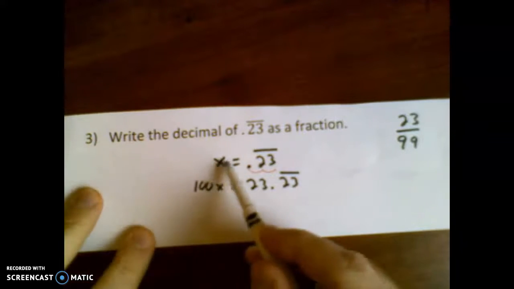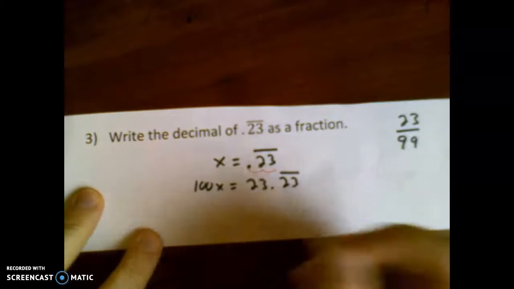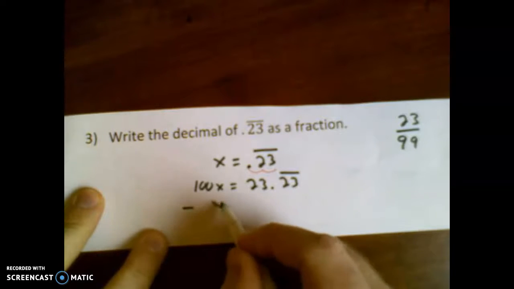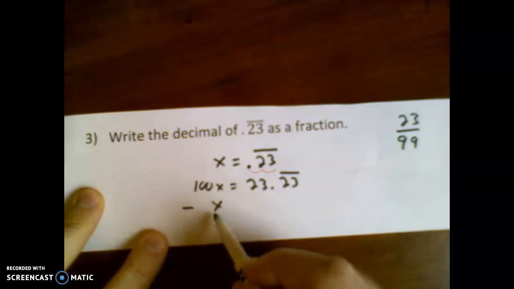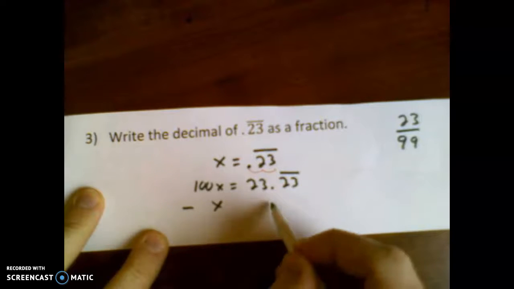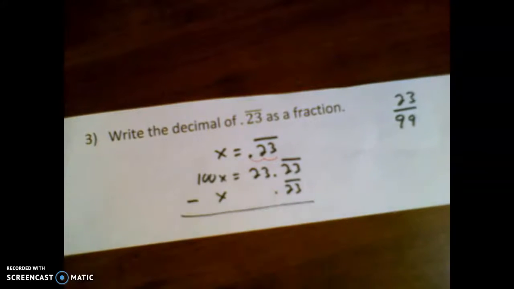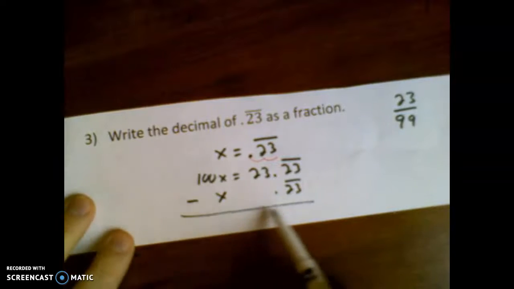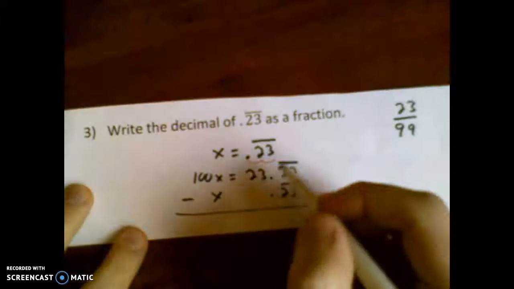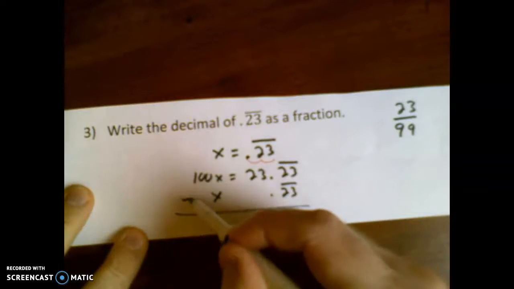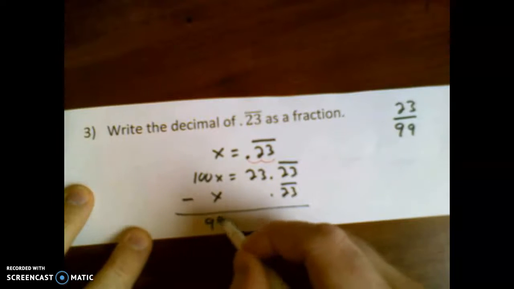Now I'm going to take my original equation and subtract it from my new one. So I'm going to take the x down here and the 0.23 repeating down here. And now I'm going to go ahead and solve this. So if I subtract 100x minus 1x, that gives me 99x.